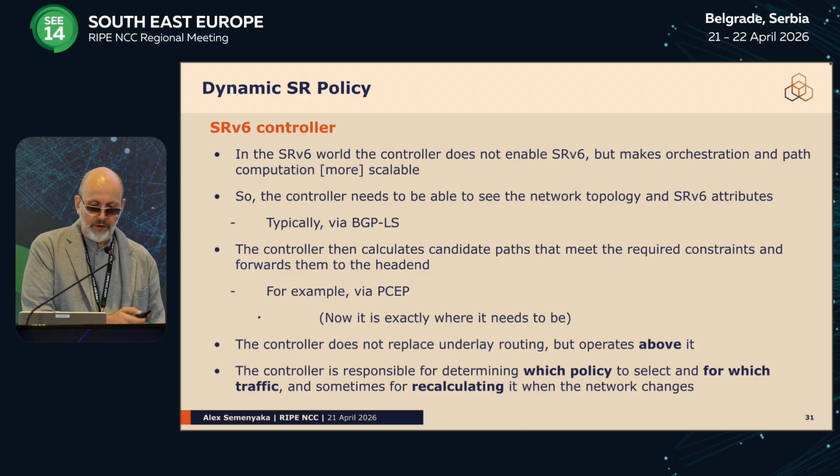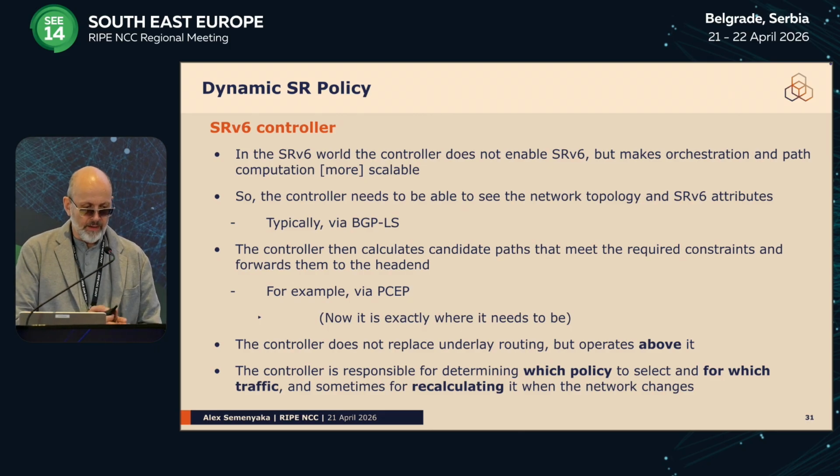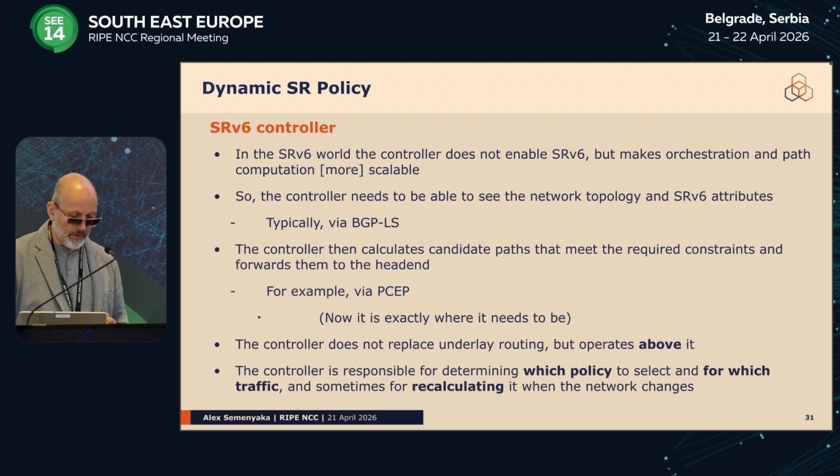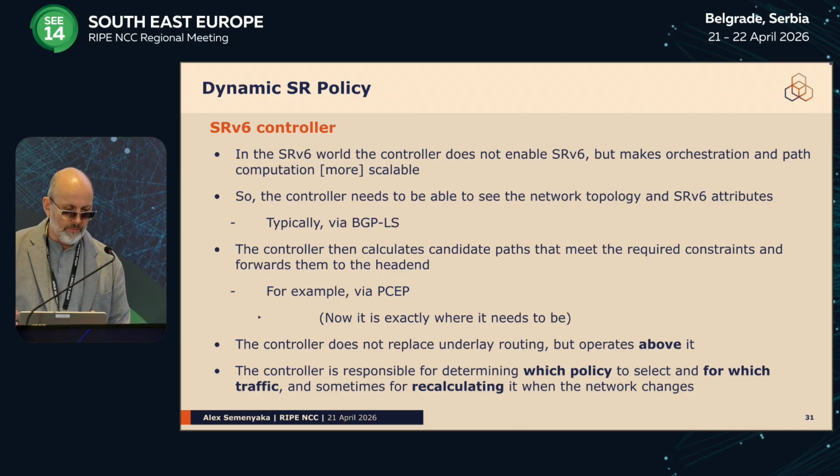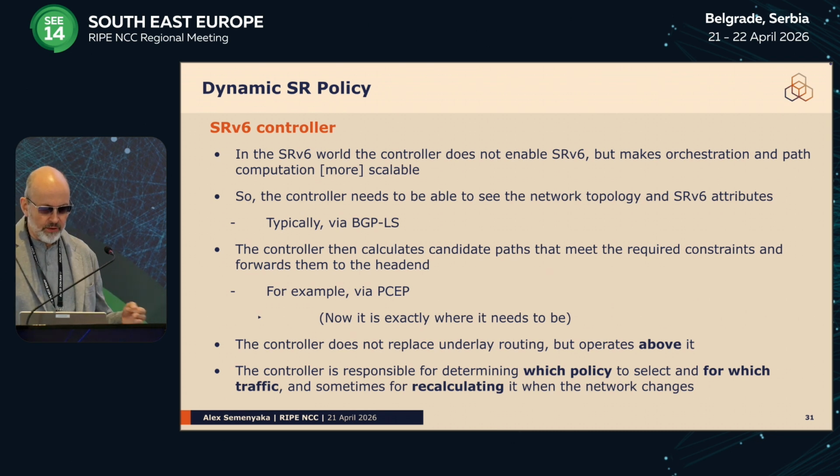And that's the controller now who is responsible for determining the policy. And now the traffic engineering is absolutely flexible. You can do whatever you want. You can construct your headends using different paths depending on your current policies, depending on your current situation, or even you can connect it to the provisioning system.